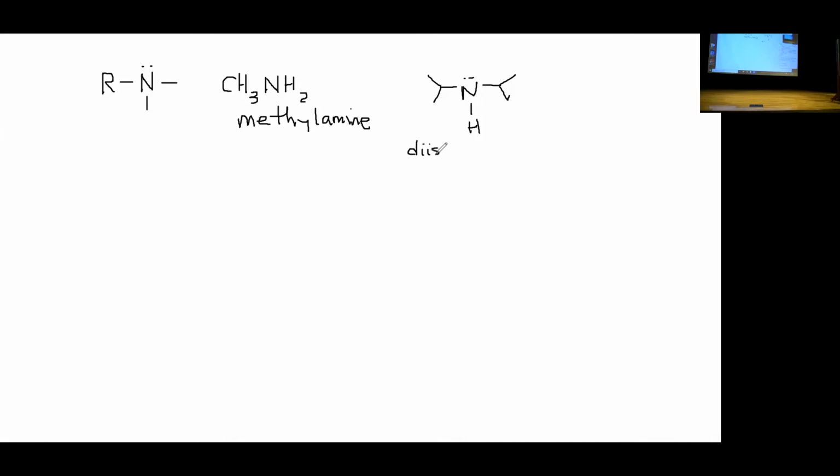And I don't care if you memorize these names. The idea is to be able to name amines in general. I don't expect you to know it all right now. You'll have to go to your OWL assignment and practice. And again, it's funny looking with the two I's right next to each other, but that is the correct name.